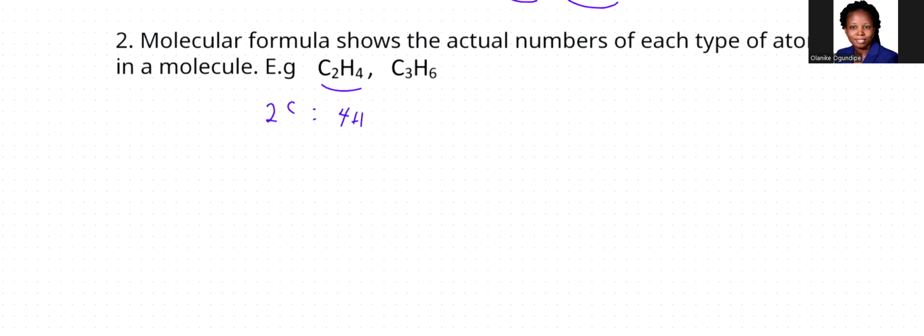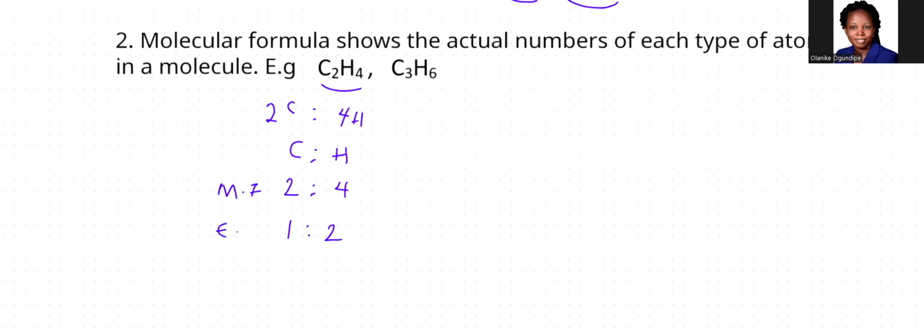So the ratio of carbon to hydrogen in this molecule is 2:4. From this ratio, which shows the actual number of atoms in this molecule, we can get the empirical formula to be 1:2. So this is the molecular formula, and here we have the empirical formula.